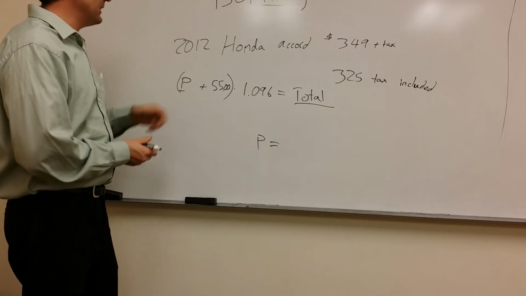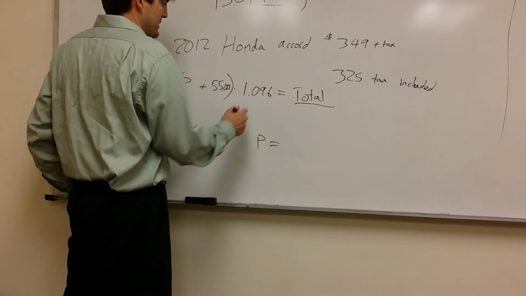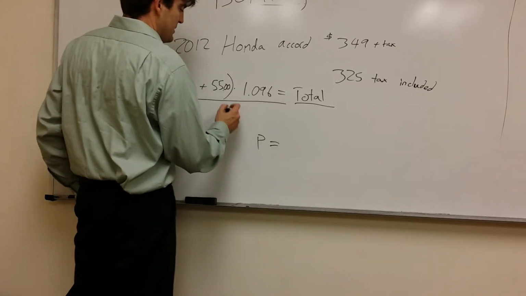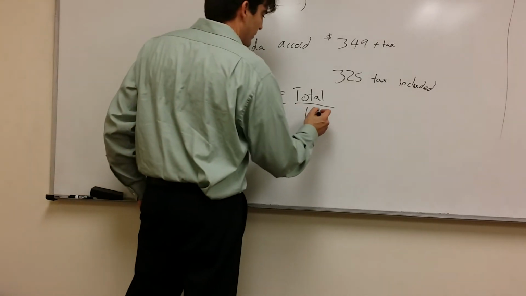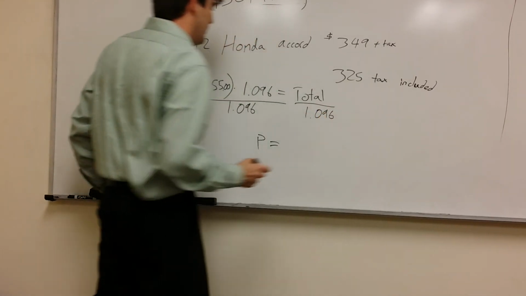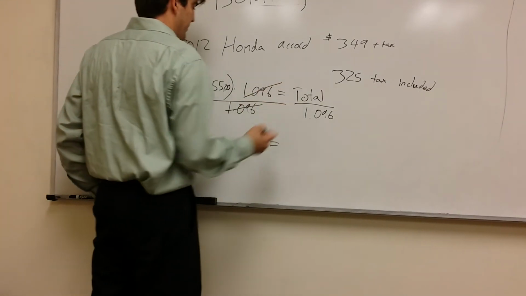So we've got to get P by itself. Both sides are times 1.096, so we're going to divide both sides by 1.096. Okay, so those cross out.